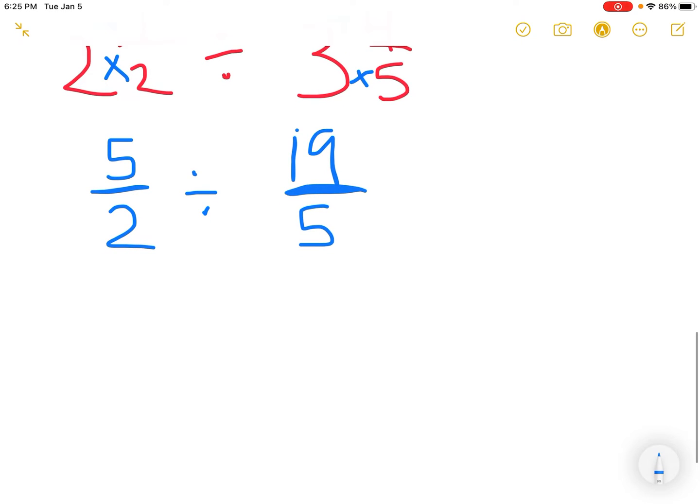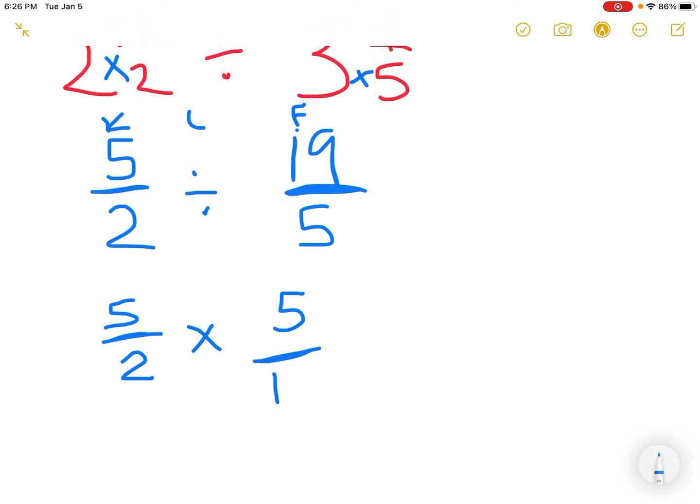Now we are dividing a pair of fractions. What do we do when dividing fractions? We keep the first fraction. We change the sign from division to multiplication. We flip the last fraction, so we're multiplying by its reciprocal. The reciprocal of 19/5 is 5/19.